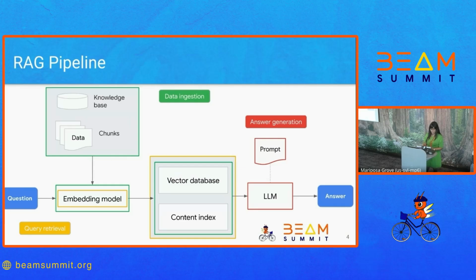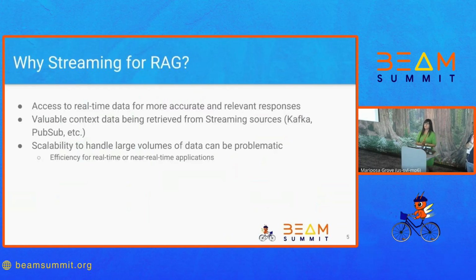For query retrieval, when a user asks a question, it goes to the content store and looks for the relevant information. In answer generation, it combines the result with the LLM and returns the response back.